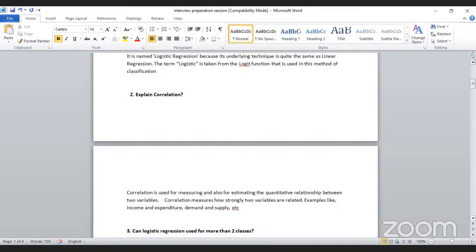These both are correlated to each other. So when we have data, we look for a correlation, right?